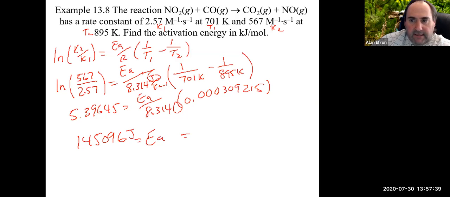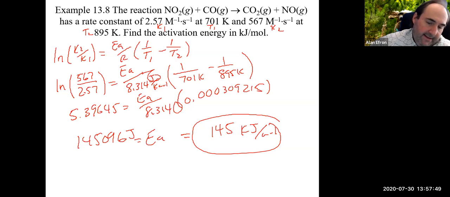And if we want to clean it up, kilojoules is typically what we end up with in terms of the activation energy. 145 kilojoules. Really, the only unit that will cancel out there is our Kelvin, and we'll end up with kilojoules per mole.